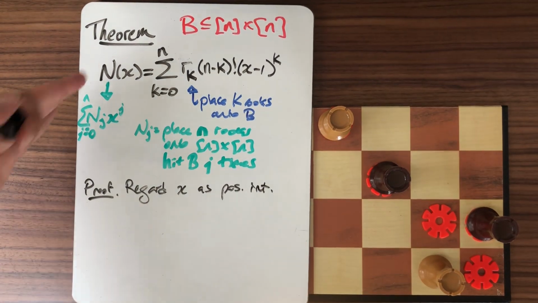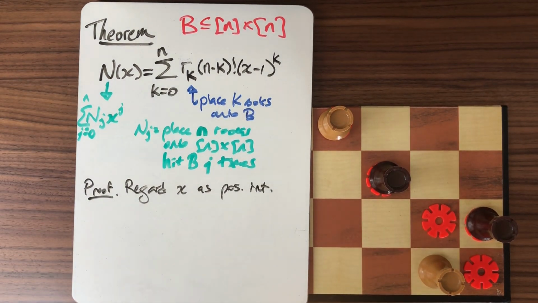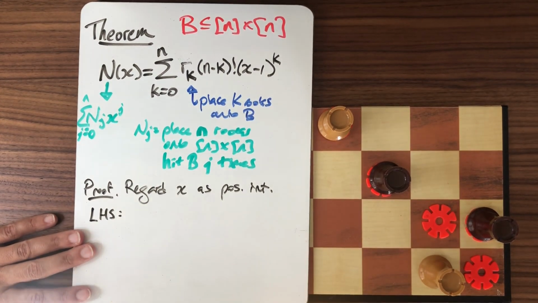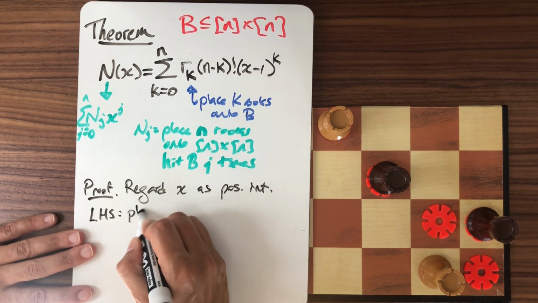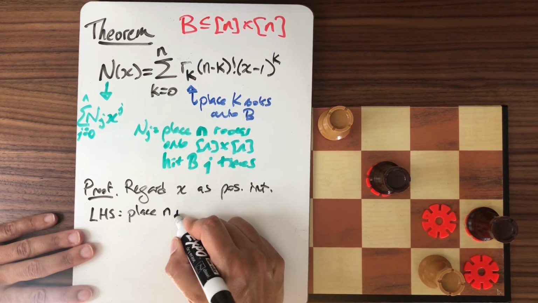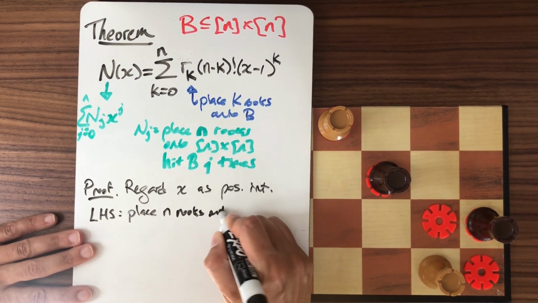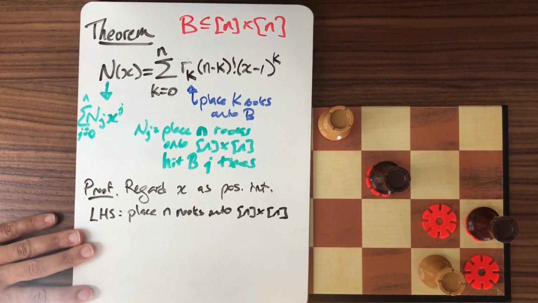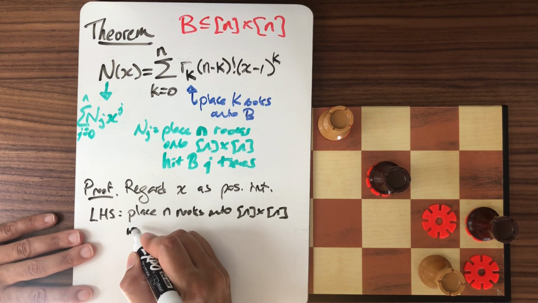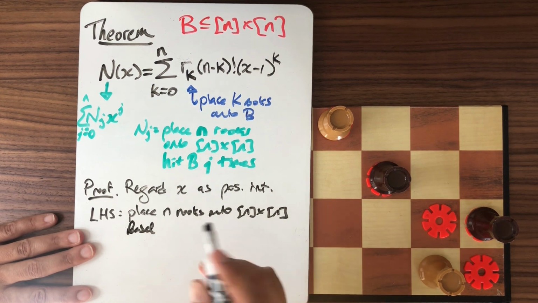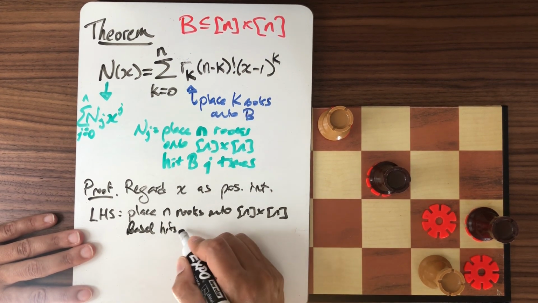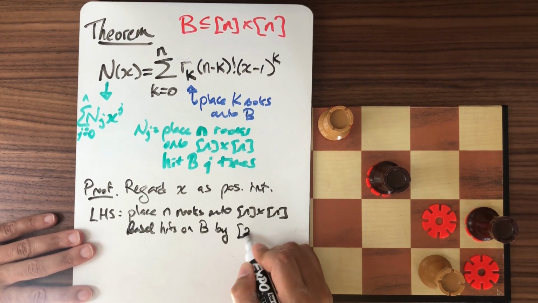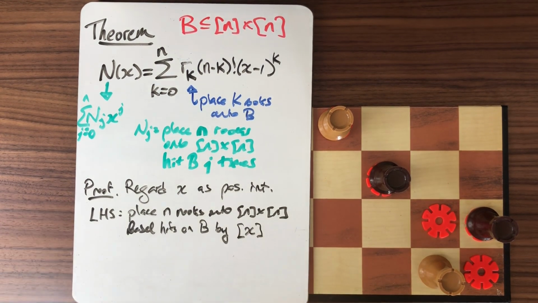Okay, and now I'm going to interpret the left-hand side with that in mind. So what's the left-hand side? How can we think of this? Place n rooks onto the chessboard, the full thing, okay, and we're going to label the hits on B by some positive integer from 1 to x.